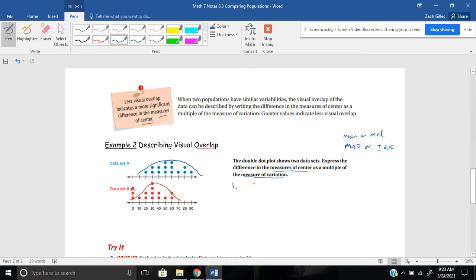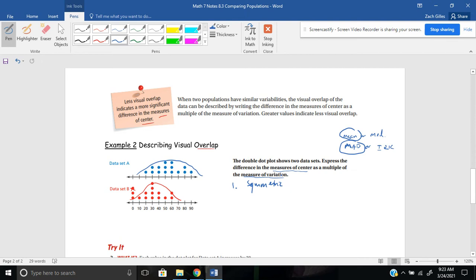So I'm going to say that my data is symmetric. Oops, I spelled symmetric wrong. S-Y-M-M-E-T-R-I-C. So my data is very symmetric. That means I'm going to use the mean, or the average, and the mean absolute deviation for my measure of center and measure of variation.